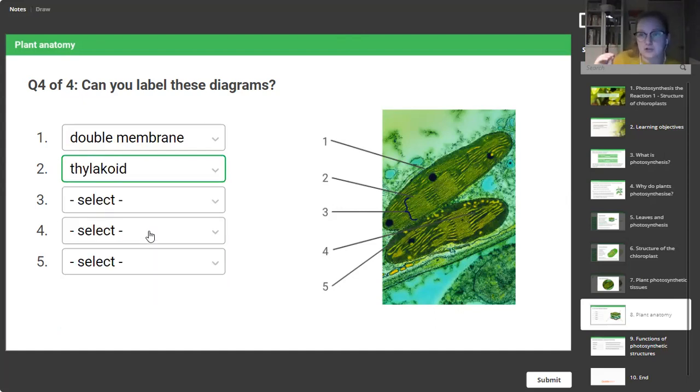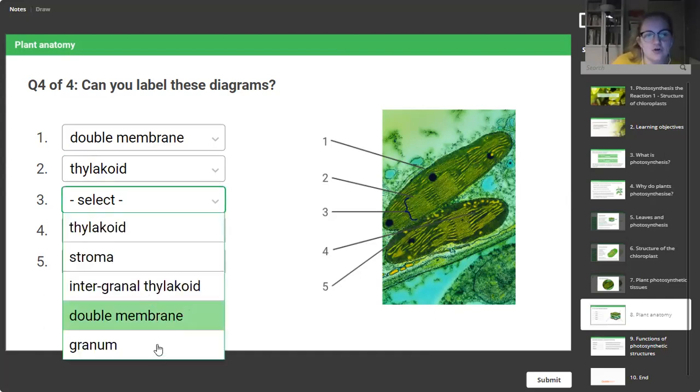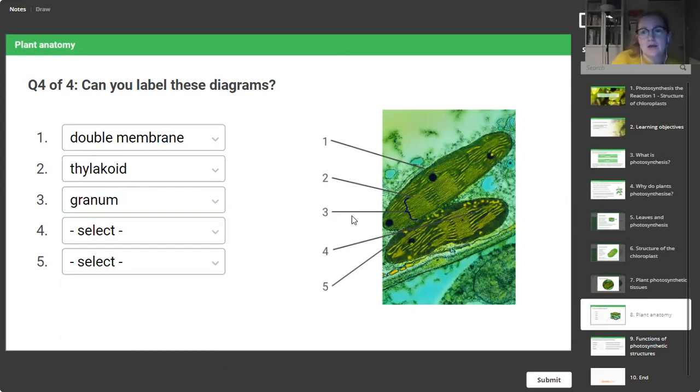It's one of those individual pigment-coloured sacs, whereas 3 is pointing at the whole stack of thylakoids, which makes it a granum. Generally, when they're pointing at the granum on an image, they will put those brackets around it. So it's always a nice clue that that arrow and that label refers to the granum rather than a thylakoid. They'll make it really, really clear.